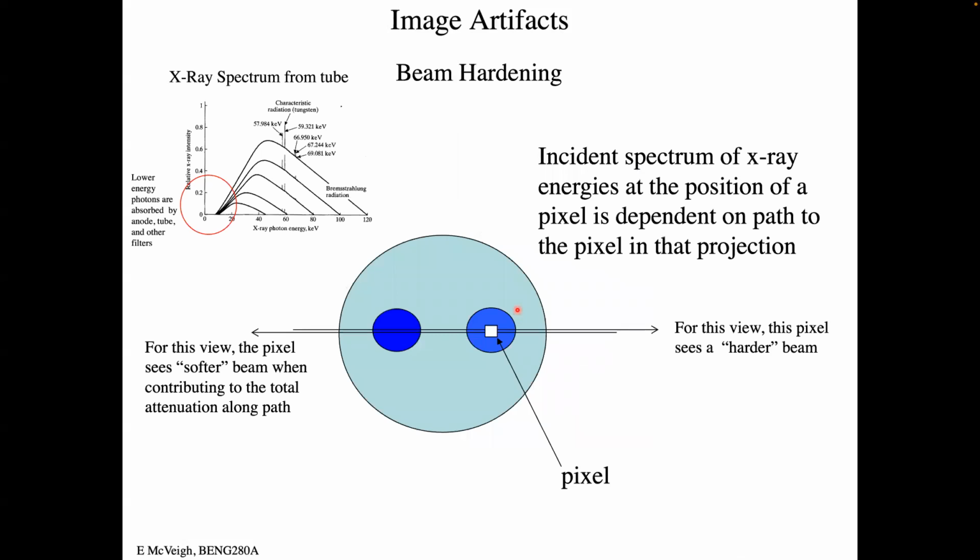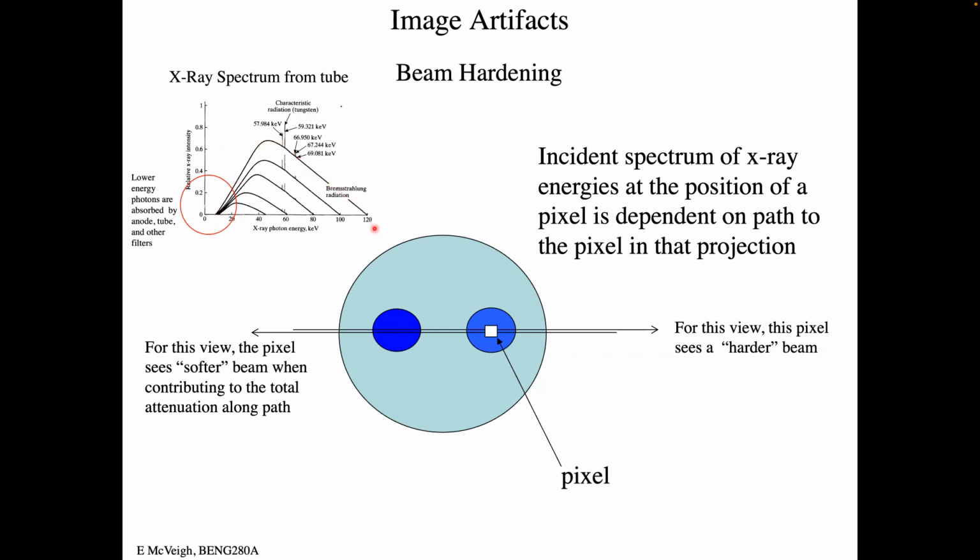And now this is probably the most common artifact that is seen in CT. And it's called beam hardening. We're going to step back to a lecture, maybe 4 or 5 lectures ago, where we looked at the source of X-rays. And if you recall, the relative number or relative fluence of X-ray photons at specific energies looks like a function like this.